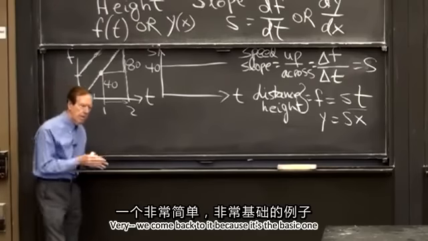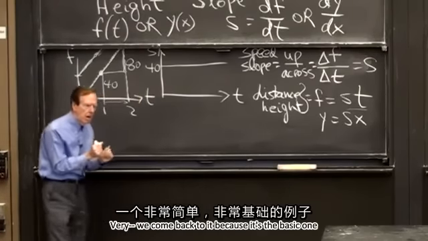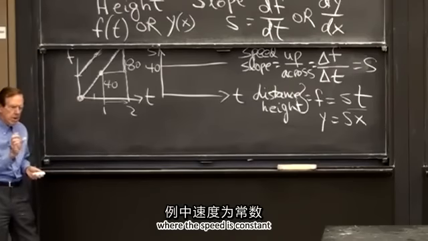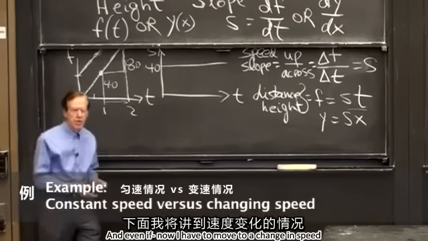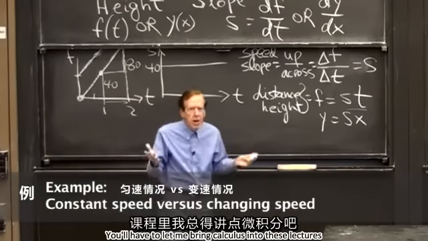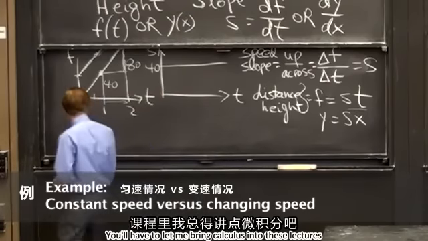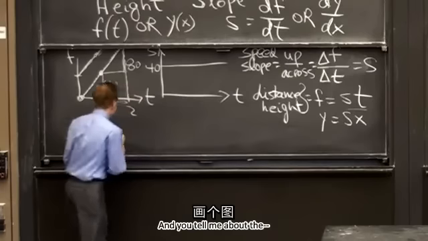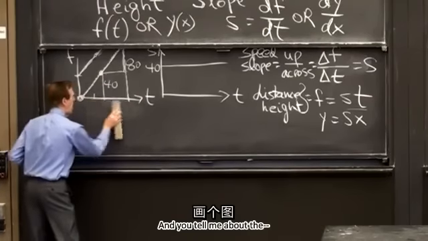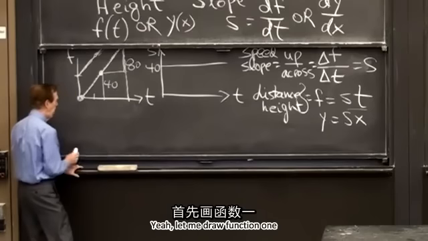We come back to it because it's the basic one where the speed is constant. And even if now I have to move to a changing speed, you have to let me bring calculus into these lectures. Okay, I'm going to draw another picture, and you tell me about, let me draw function 1.